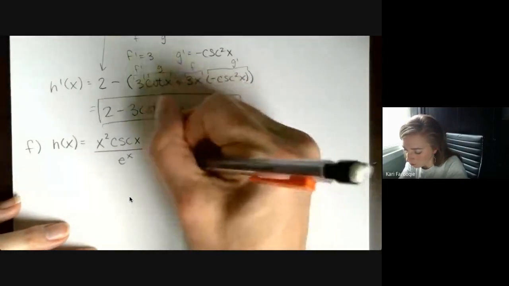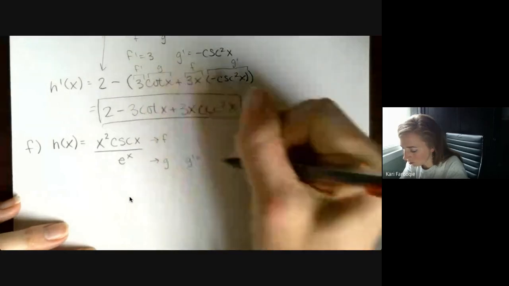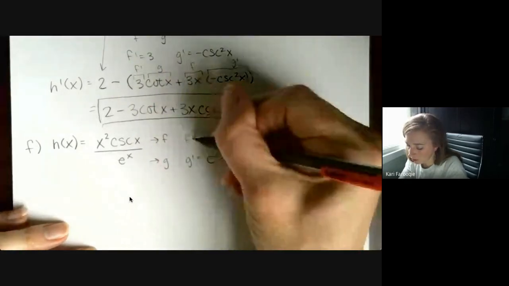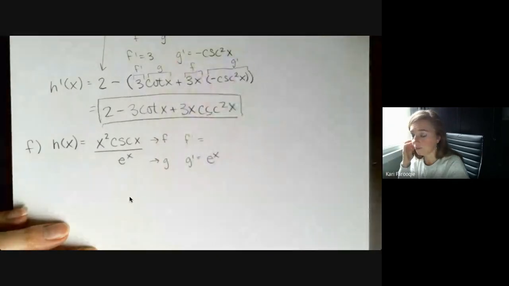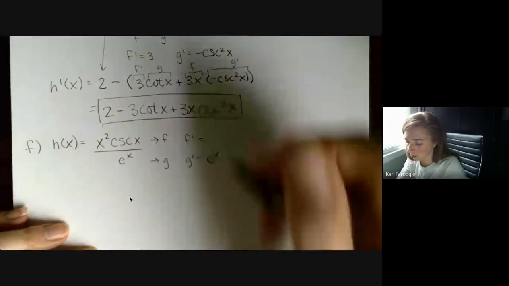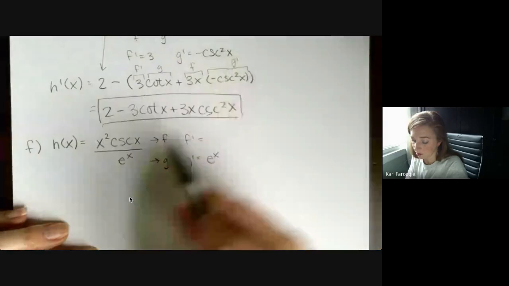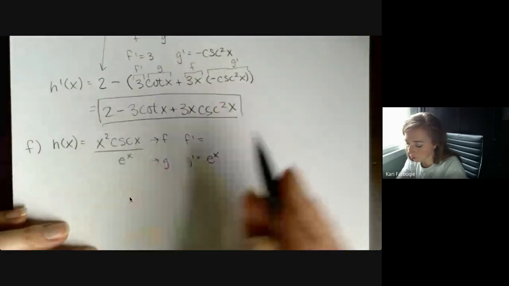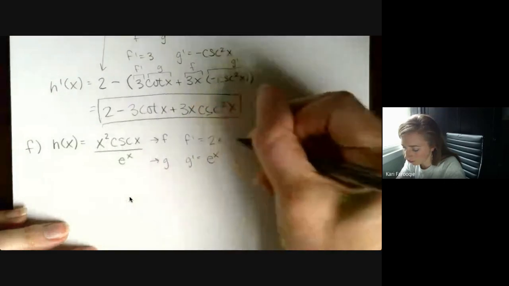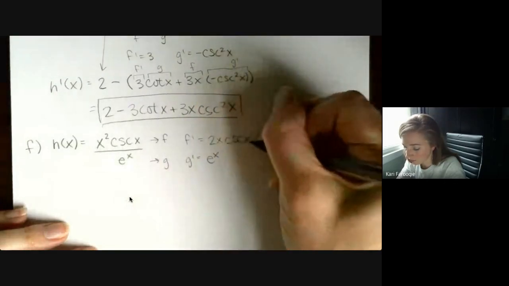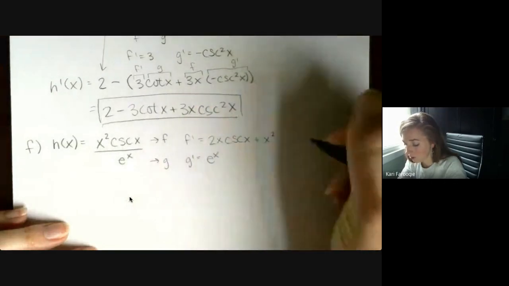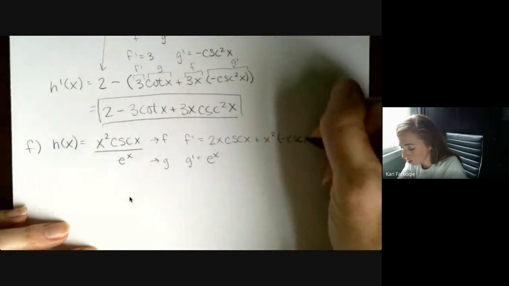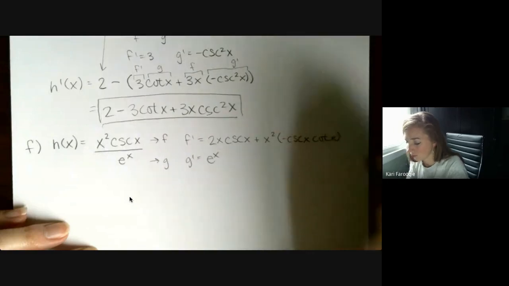Okay, so we've got f and g. Well, g prime is no big deal, e to the x. F prime is going to use the product rule. And when you do that, you're going to think about x squared as f and cosecant x as g. So we're going to take f prime g plus f, and the derivative of cosecant is negative cosecant x cotangent x.